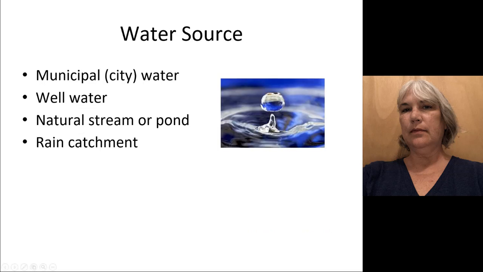Now, Kai touched on the water source a little bit, and he did say that city water is, yes, the best source. If you use city water, you have to be aware that chlorine or chloramines are often treated in the municipal water, and so it will have to be dechlorinated, or the chloramines will have to be removed, because at very low levels, fish are affected and can die.